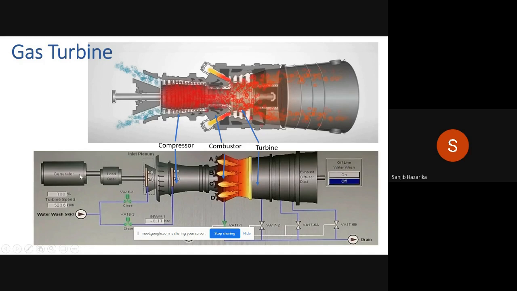For 50 hertz, the RPM is typically 3000 RPM, and for 60 hertz, it is 3600 RPM. So here in this shaft, the RPM is around 5236 RPM. So this is the basic gas turbine.